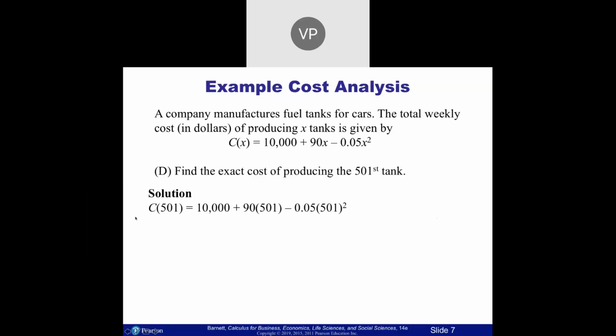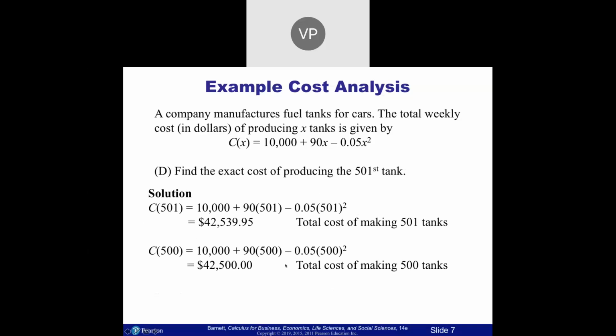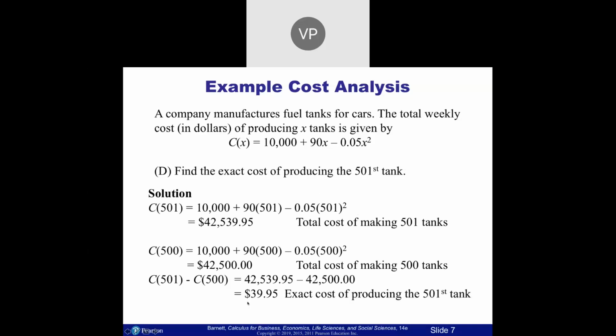Now we do the actual groundwork of plugging in 501, plugging in 500, subtracting them, and we get the exact value of $39.95. So, like always, the exact value will take a couple more steps, a little more work. The estimated value is meant to be a lot quicker, kind of thinking on our feet or running the numbers quickly.